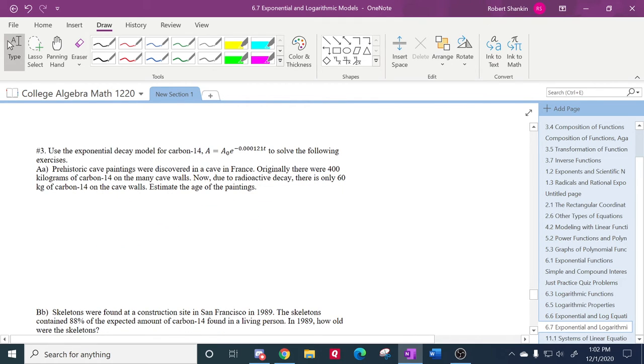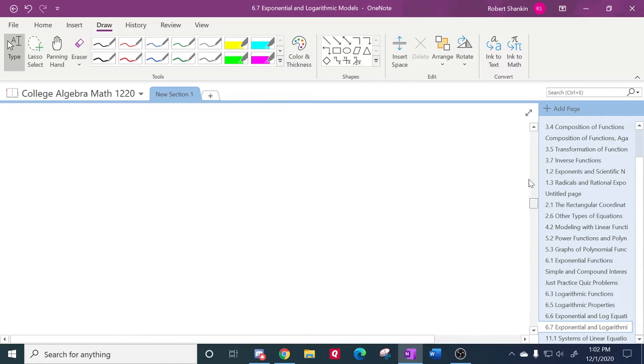In exponential and logarithmic models, number 3, we're going to do part A together. Use the exponential decay model for carbon to solve the following exercise. Let me just summarize real briefly.